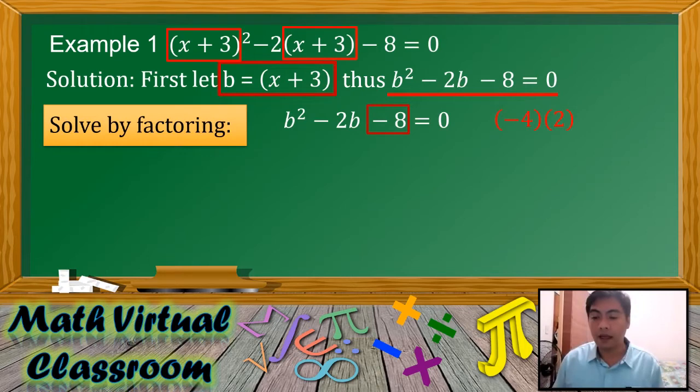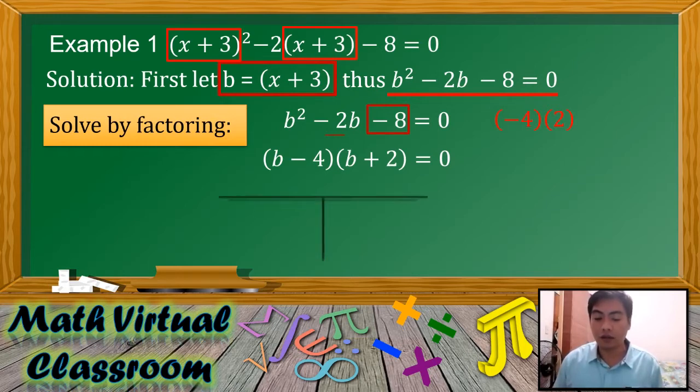Okay, negative 4 and 2. When you add the two digits, that would give you negative 2, which is equal to the middle term. So we will use negative 4 and 2 in factoring. So the factors now are quantity b minus 4 and quantity b plus 2 equals 0.